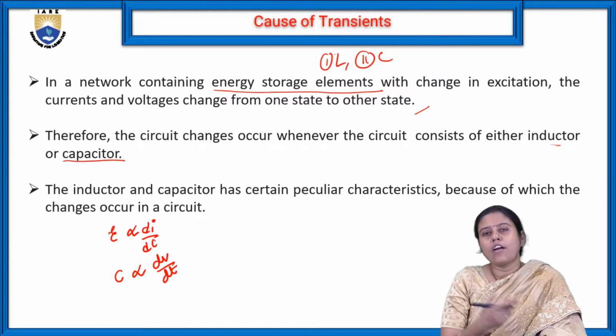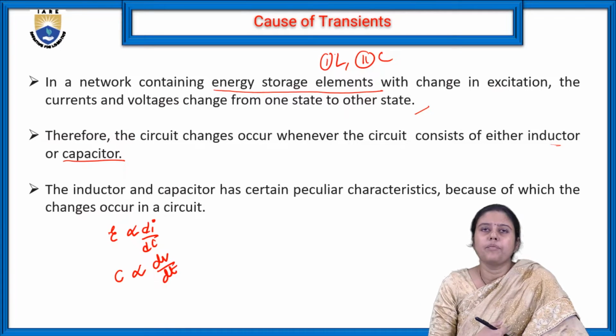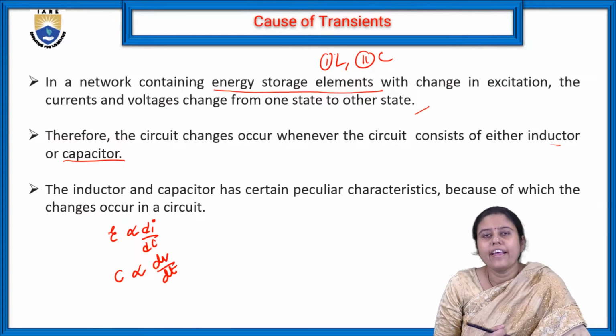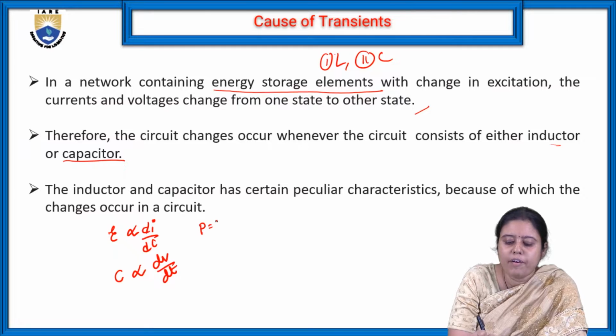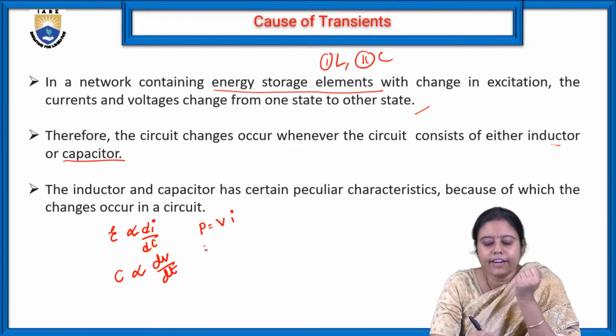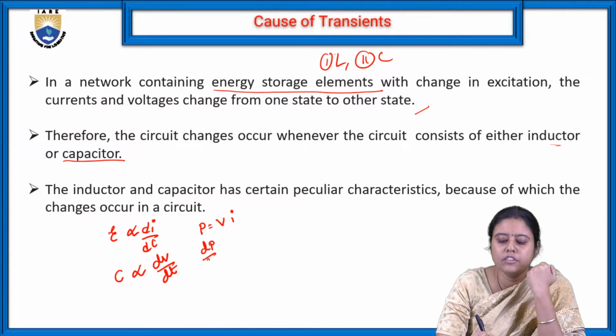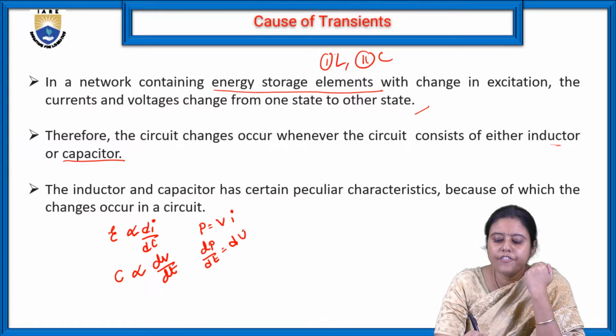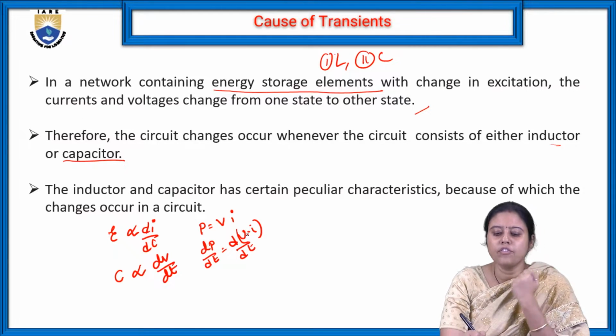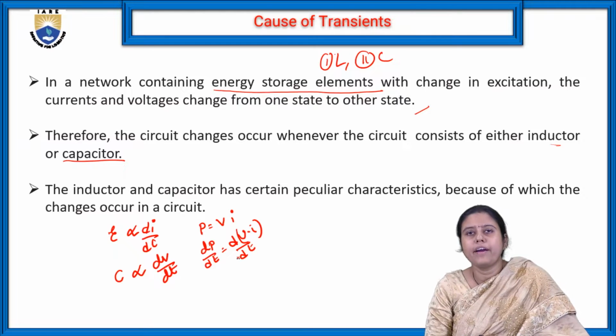So as they are opposing some rate of change of current or voltage, and in the power, what is the power? Power is equal to V into I. So if there is an inductive circuit, the rate of change of power or energy means d by dt of V into I. So if V is constant, di by dt.